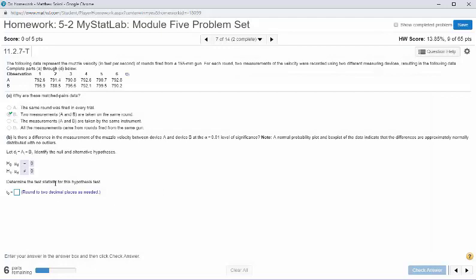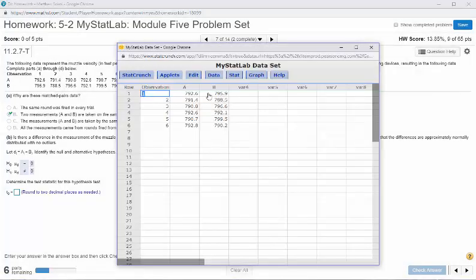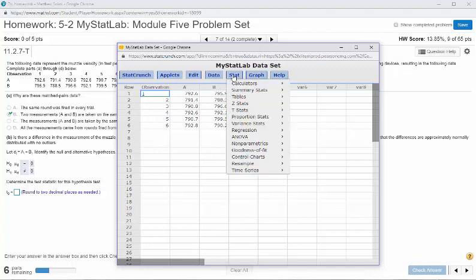All right, so let's determine the test statistic for this hypothesis test. Again, I'm going to open up this data in StatCrunch. So I have the data here. I'm going to go Stat, T Stats, and remember what we said, the data was paired.